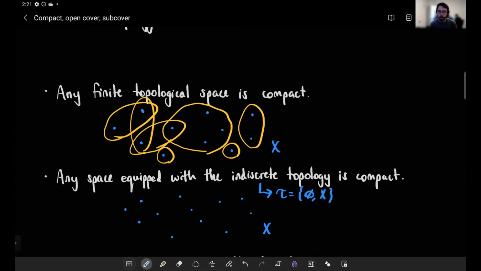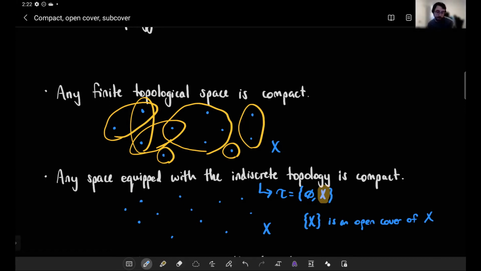And so if I took some open cover of X, well, guess what? I only have 2 choices for open sets to go in my open cover. The empty set doesn't do anything for me. So this is an open cover of X. And really, it's the only open cover of X. Like I said, you could toss the empty set in there as well, but it's not going to change anything.